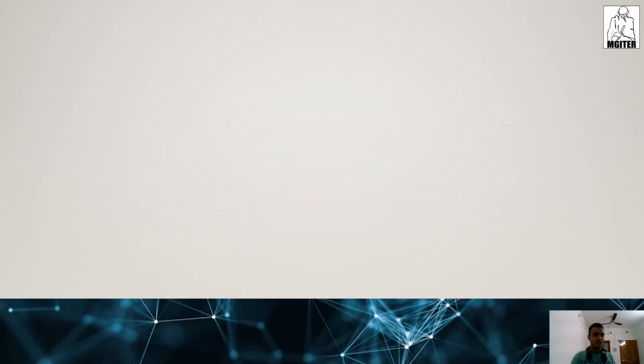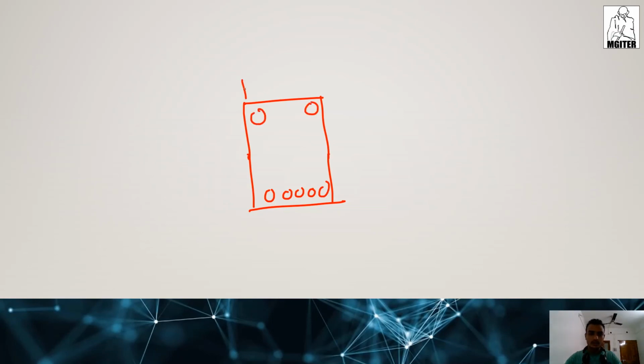Okay. We have to draw the cross section of the beam. Here is the cross section of the beam. We have 1, 2, 3, 4, 5, and 2 anchor bars, 250 width. I think effective depth is 300.